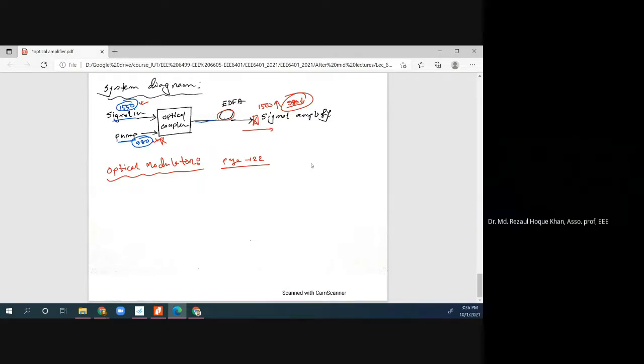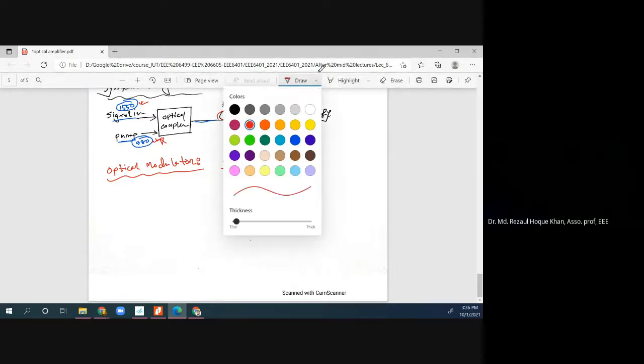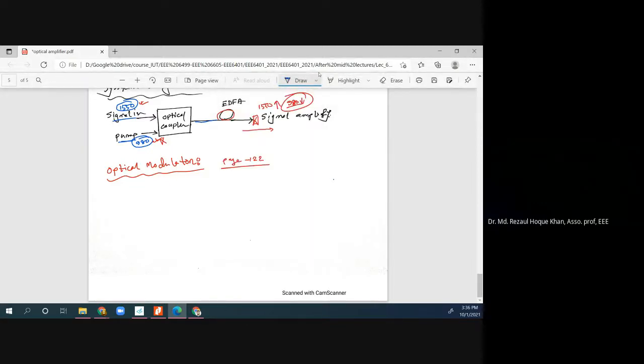Okay, so let me draw what an optical modulator is. It modulates a signal, that's all, right? So how does it look? It looks like this. For example, this is an optical slab.